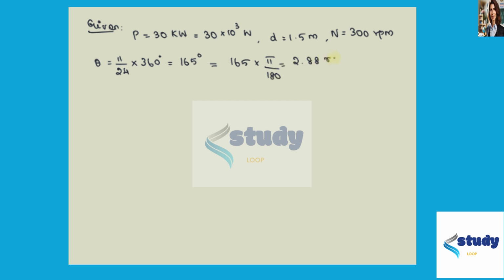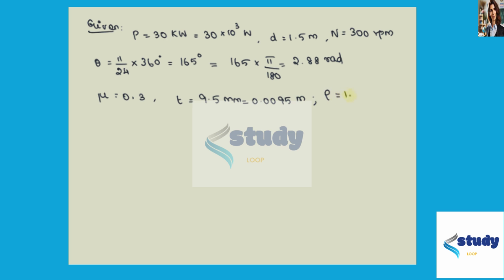2.88 radians, and the coefficient of friction on the pulley surface is 0.3, and T, that is thickness, is 9.5 millimeter. This is equal to 0.0095 meter.